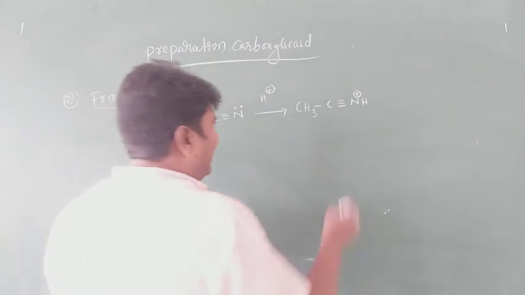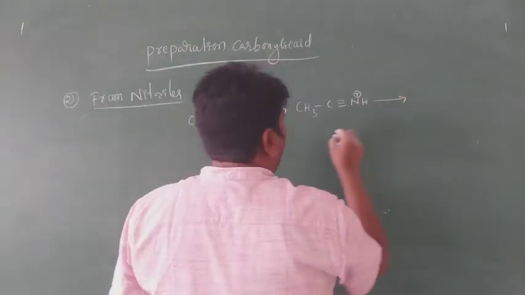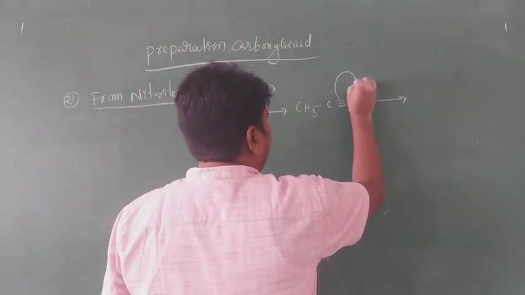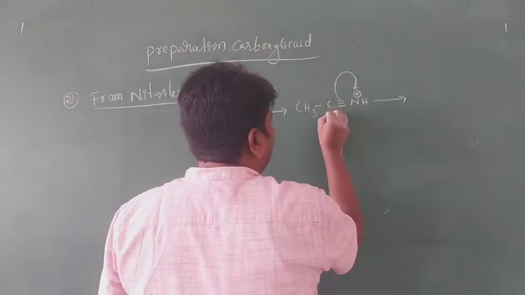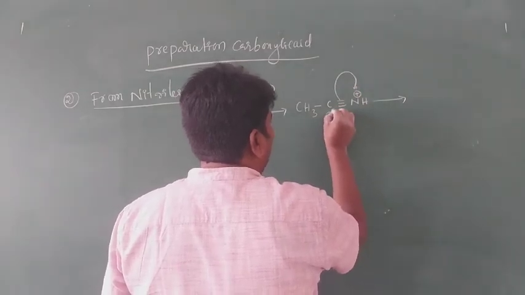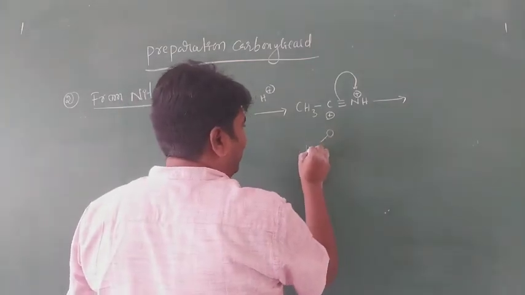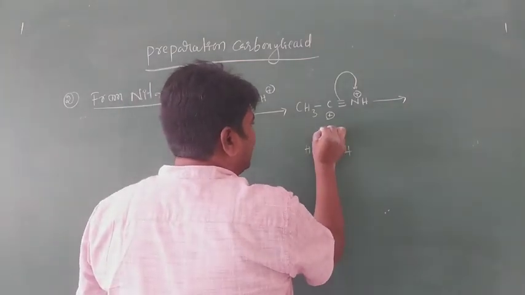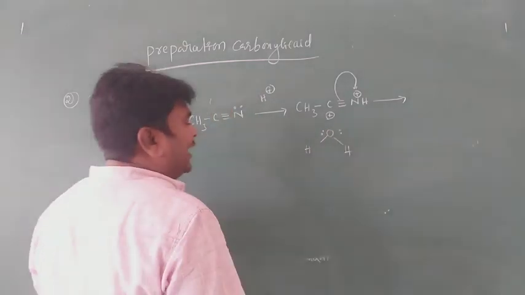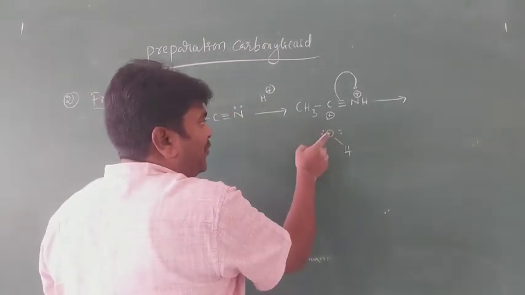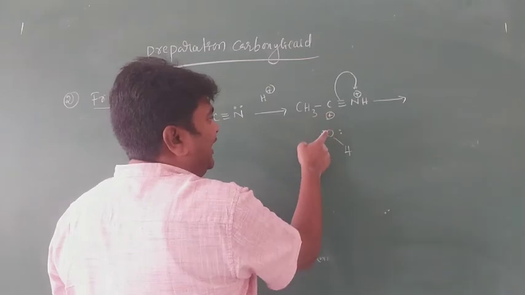Next one, what happened here? Okay, so these electrons are shifting to here. At that time it acquires a positive charge. Then the water molecule, hydrogen and hydrogen, contains two lone pairs. Any one lone pair is involved in the bond formation between carbon and oxygen.